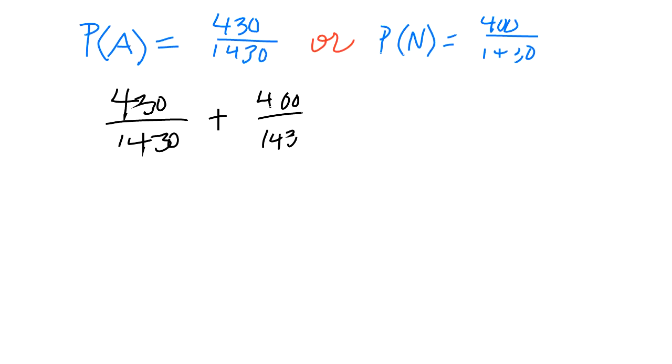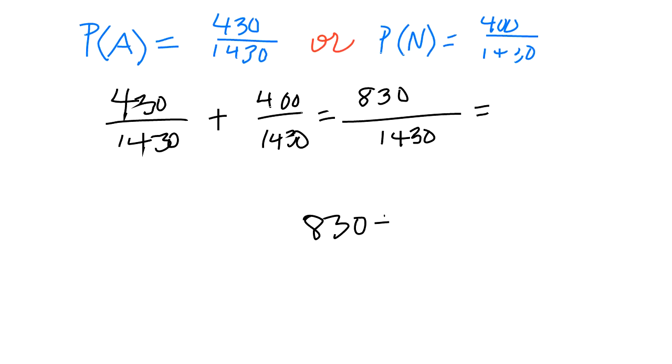Okay. Denominator stays the same because when I'm adding fractions and I have a common denominator, it stays the same. So 430 plus 400 is 830. And so now I'm going to divide this on my calculator. So on my calculator, I'm typing in 830 divided by 1,430.